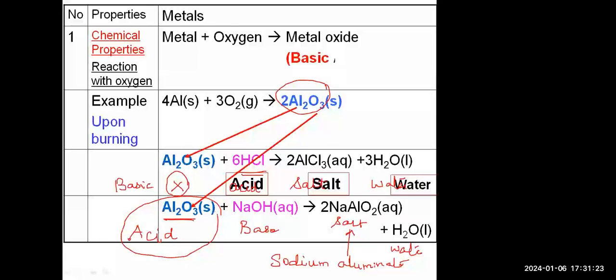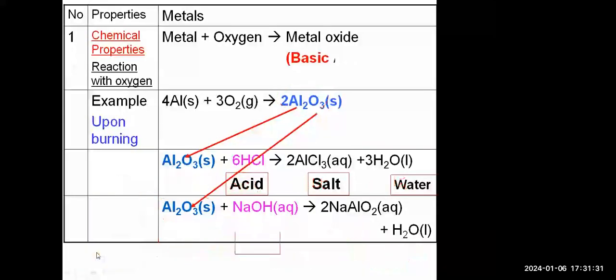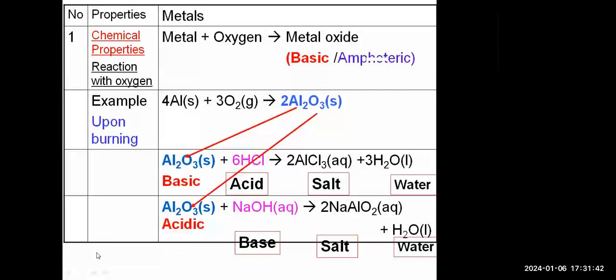Aluminium oxide has basic as well as acidic nature. Such oxides are called amphoteric oxides. Amphoteric oxides are the metallic oxides which show both basic and acidic nature. So here in our conclusion, we can add this word also, that metallic oxides are basic or amphoteric in nature.